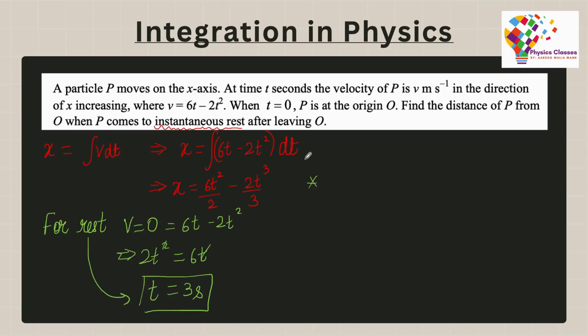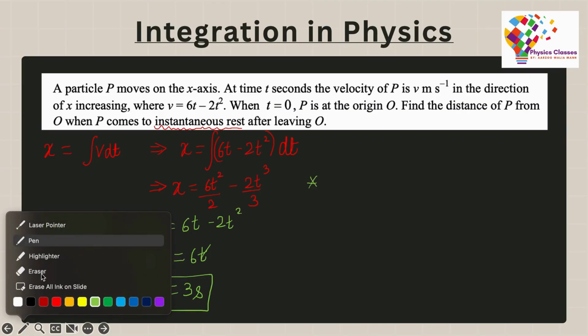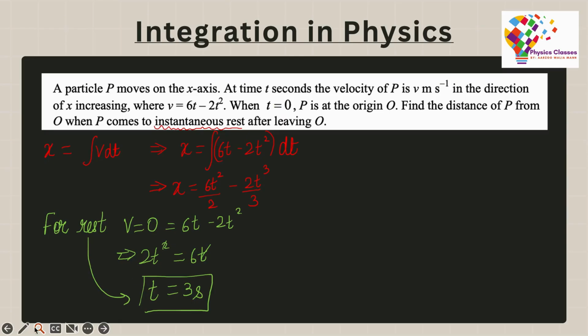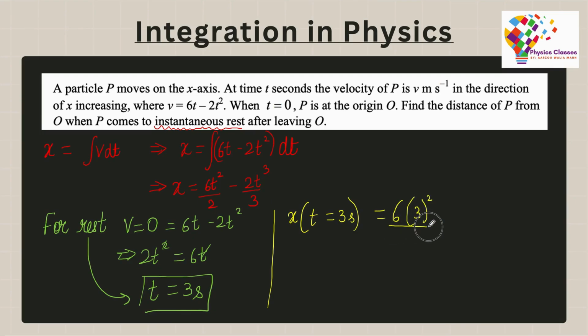Therefore, I have to find the position at time t equal to 3 seconds. I take my position function, take the time as 3 seconds, and find the value. I have 6 into 3 square by 2 minus 2 into 3 cube by 3, and when I solve this I get 27 minus 18, which gives me the answer as 9 meters. So this is my final answer, the distance from O at which the instantaneous rest was achieved.